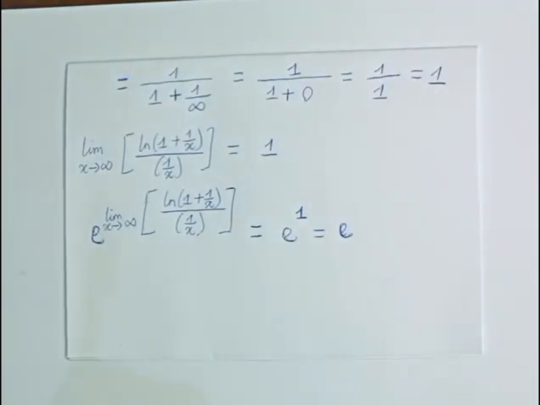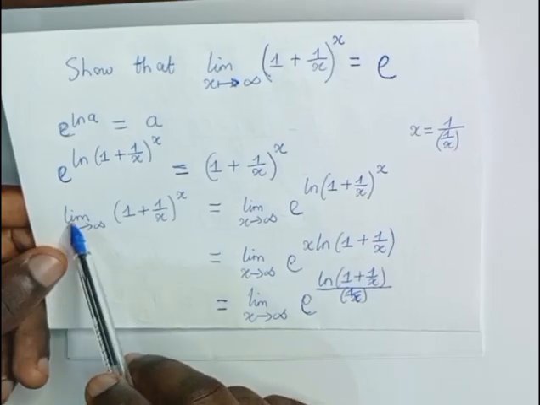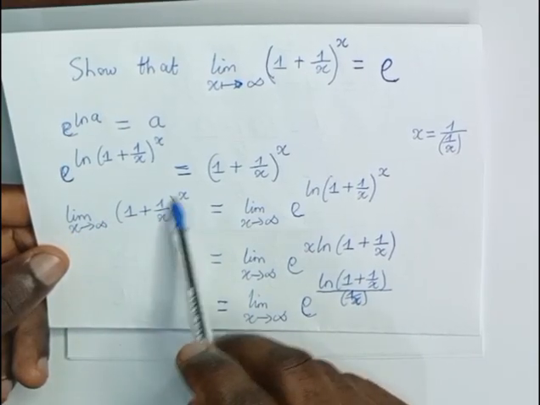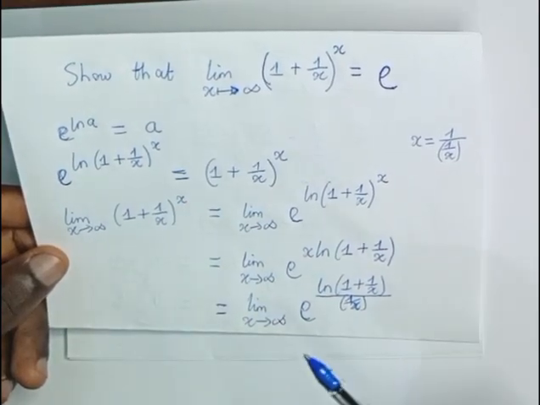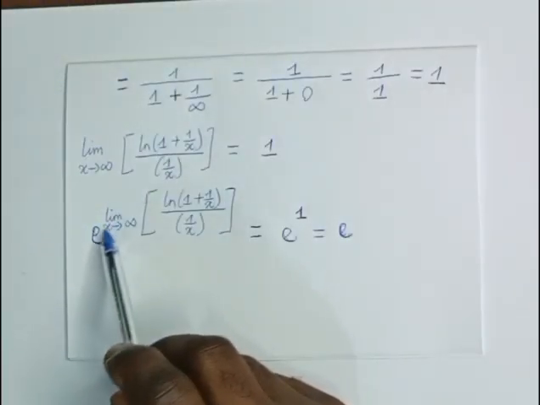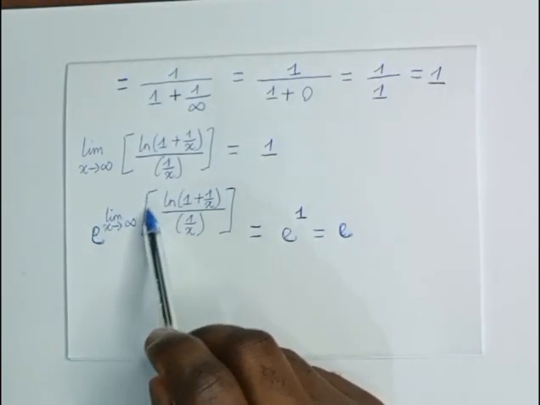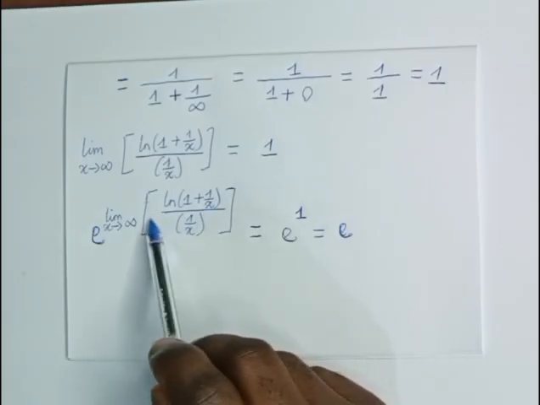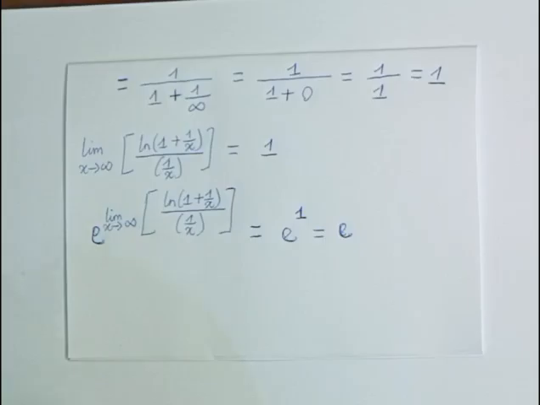Remember from the beginning, we started by establishing the formula which shows that the limit as x tends to infinity of 1 plus 1 over x raised to the power x is equal to e raised to the power of the limit as x tends to infinity of the ln of 1 plus 1 over x all over 1 over x.